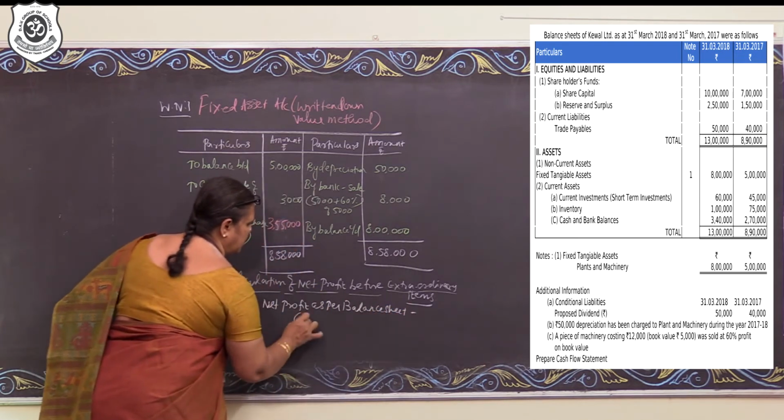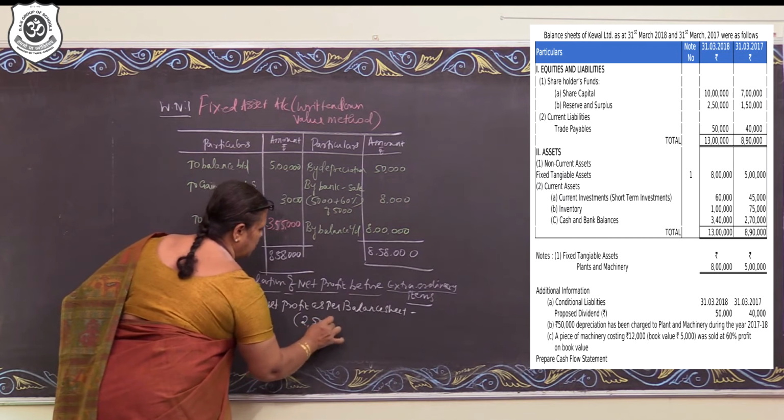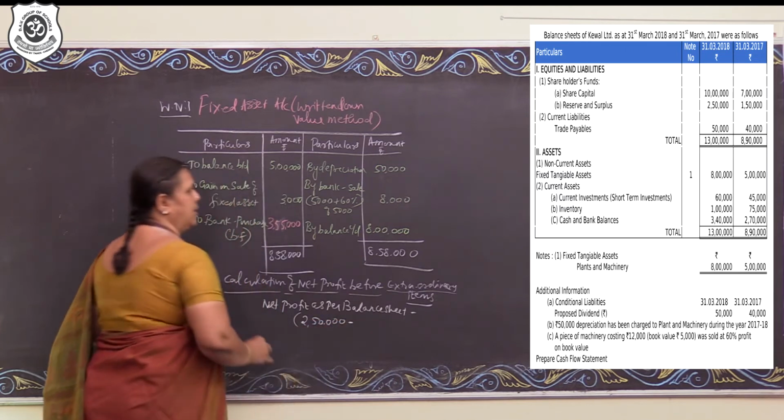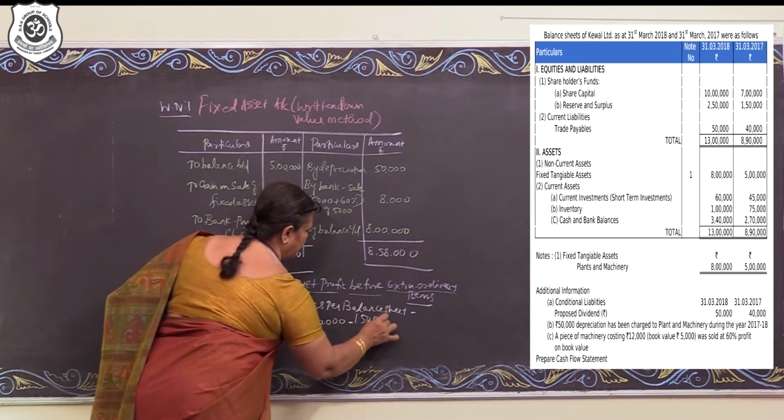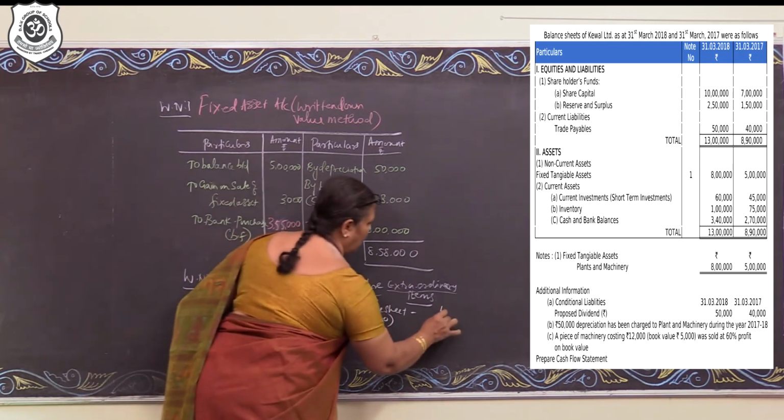Net profit as per balance sheet is the difference between closing balance and opening balance: 2,50,000 minus 1,50,000, which is 1 lakh.